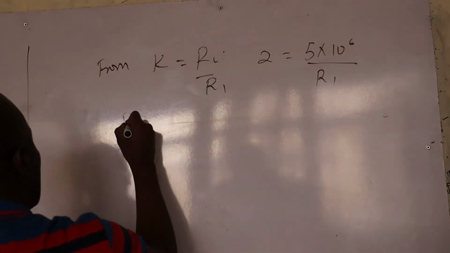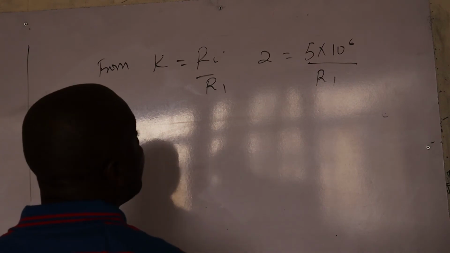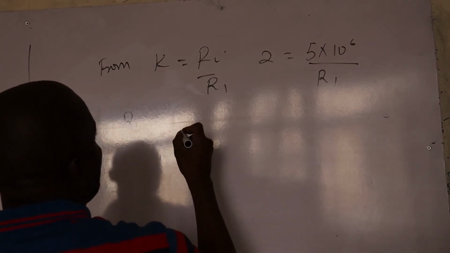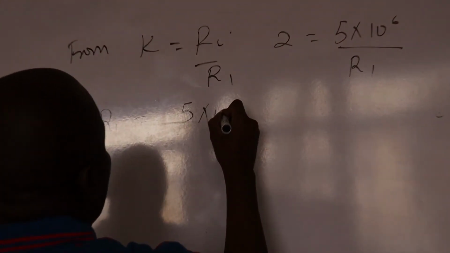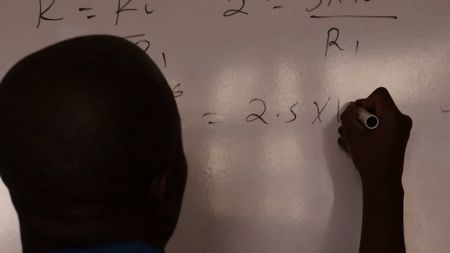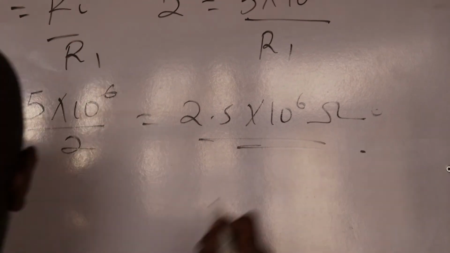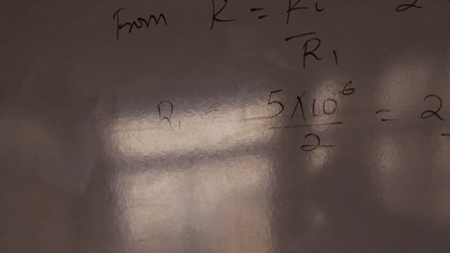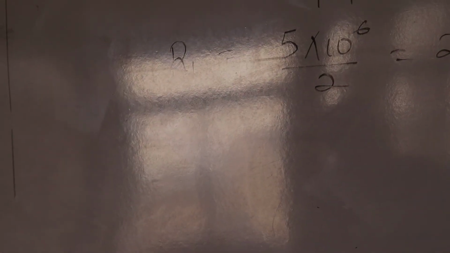So R1 is 5 times 10 raised to power 6 divided by 2, which is 2.5 times 10 raised to power 6 ohms. So that is the value of R1.